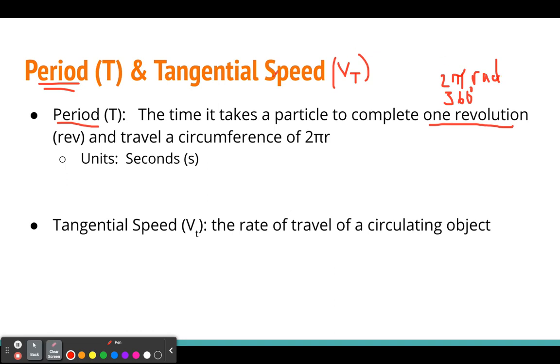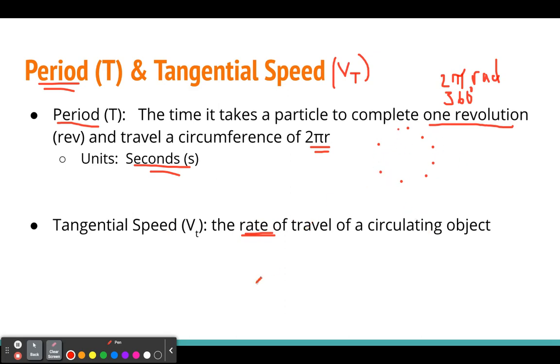Can we relate that time to the circumference, basically the total ground that that object has covered? We measure that time period in seconds. That tangential velocity, which we previously discussed, is a way in which we can measure the rate of travel of that circulating object.